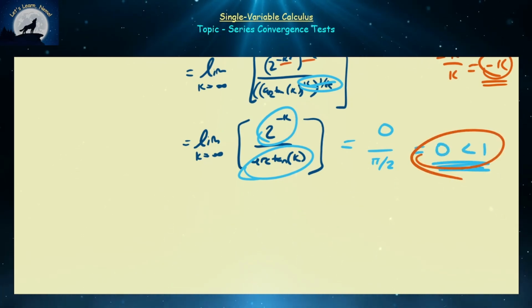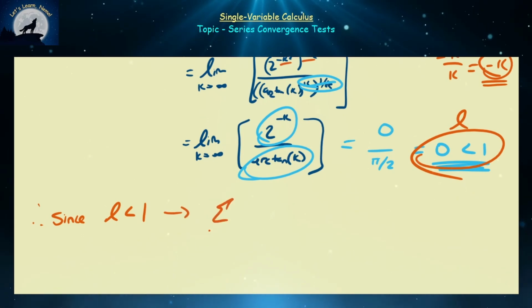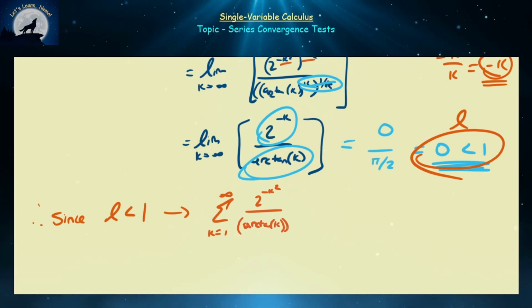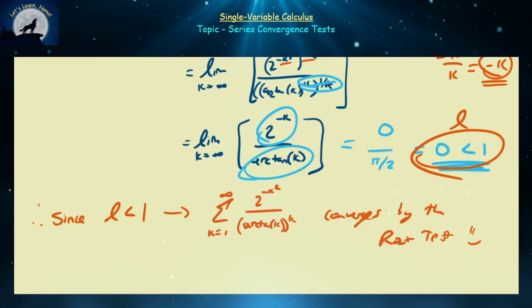This is what we need for our value of L. So therefore, since L is less than 1, that means the sum from k equals 1 to infinity of 2 to the power of minus k squared all over the arctangent of k to the power of k converges by the root test. Converges to what? Obviously a different story, but that's how we can use the root test.